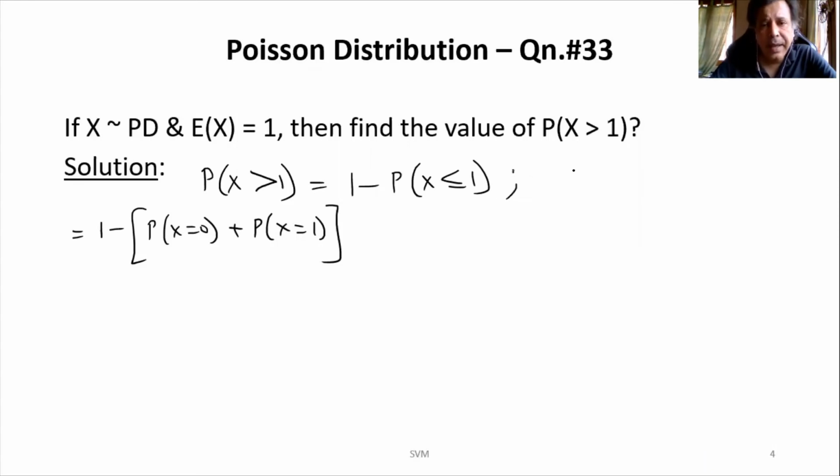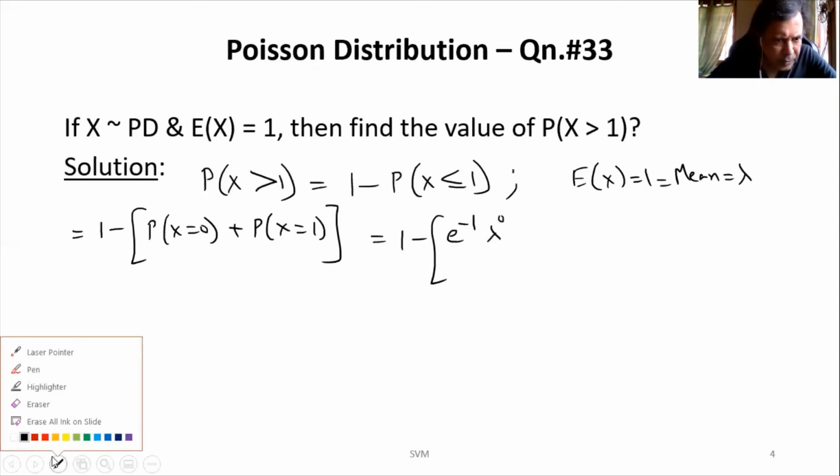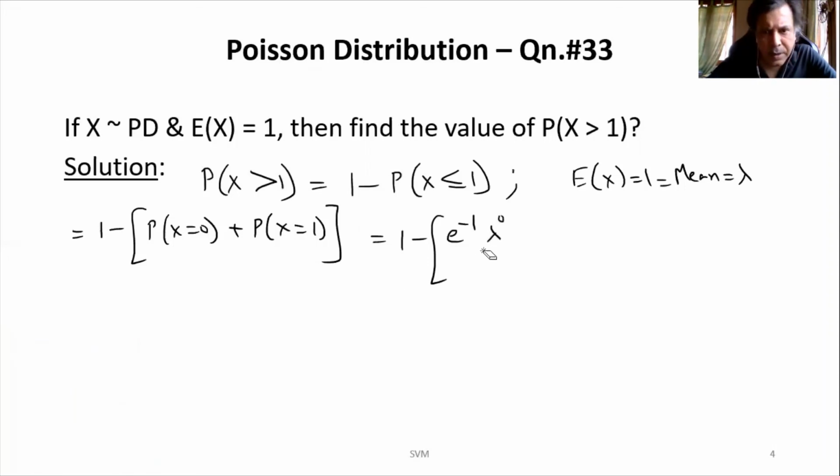Now, what is given? It is given as expectation of x is equal to 1. Expectation means it is mean. So that means it is nothing but our lambda value. So now I can substitute lambda in this probability mass function. It is now probability of x is equal to 0, which can be written as e to the power of minus lambda. Lambda means minus 1, then lambda power 0, oh sorry, let me write it as 1 only, because we know the lambda value is 1.